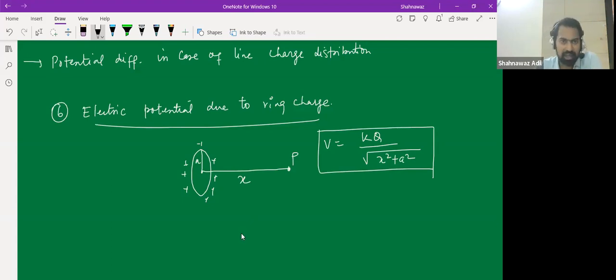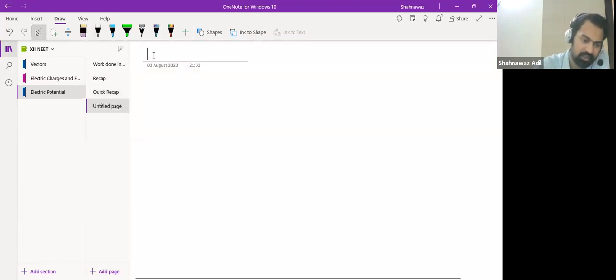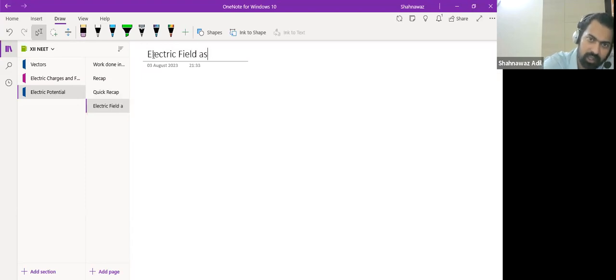And now the next topic that I'm going to do is electric field as the gradient of potential.